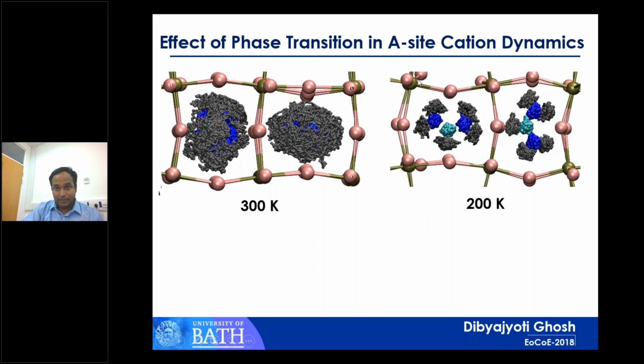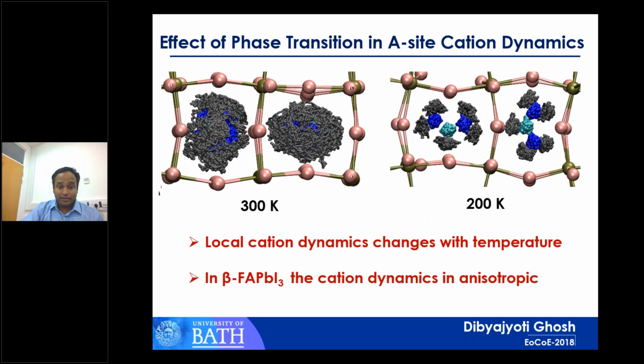One is that the Pb-I framework is much more distorted than the cubic phase, and also the FA cations. This is the trajectory of the FA cations, and you can see it is located in a particular space and oriented in a particular direction.